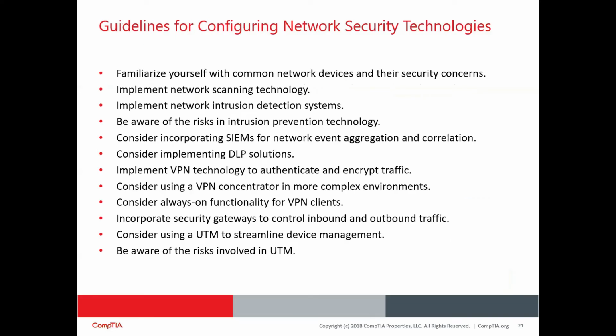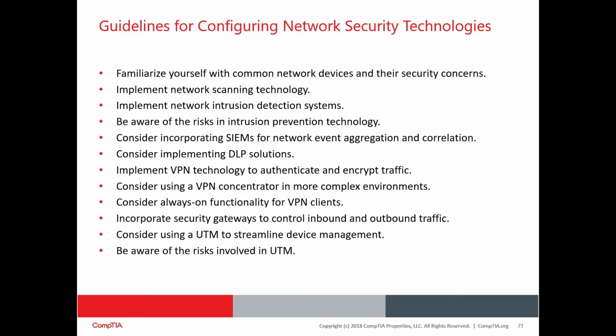Now, a recap of the guidelines for configuring network security technologies. Make sure that you understand the different types of network devices and their security concerns, and understand the different tools that will allow you to scan as well as analyze your network.